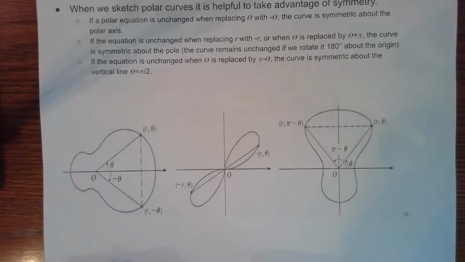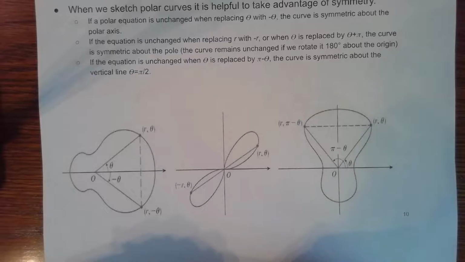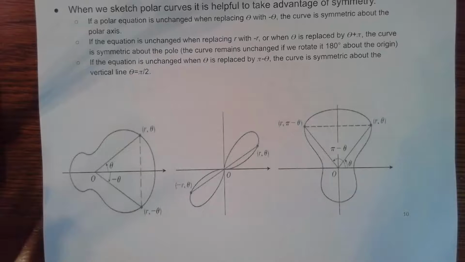Okay, in the second, if the equation is unchanged when we replace r with negative r, or when theta is replaced by theta plus pi, then the curve is symmetric about the pole. And when something is symmetric about the pole, that means that we can rotate it 180 degrees and get exactly the same curve.